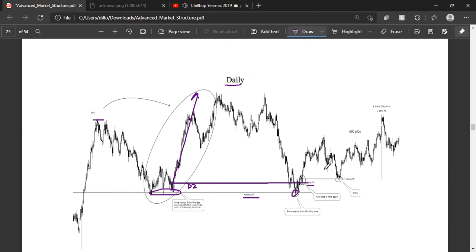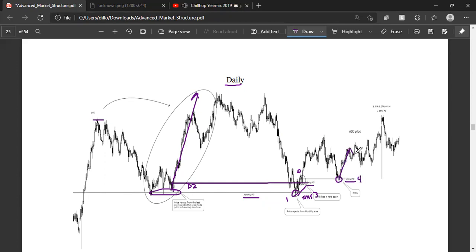So what are we waiting for, right? We see the rejection, right? We see the break of structure. We see the shift in market structure, right? There's 3. Now we just wait for price to return, right? Back to our daily point of interest. There's our 4th step, right?